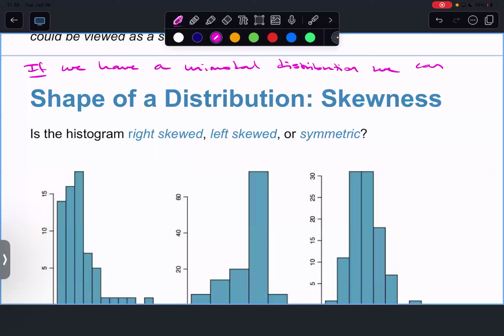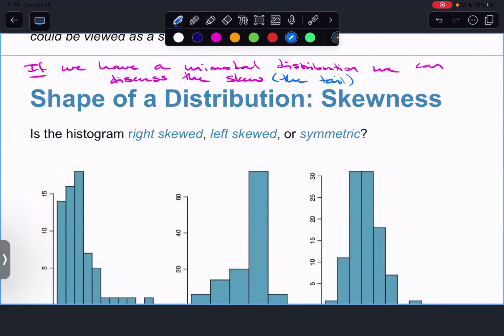If we have a unimodal distribution, we can discuss the skew. The skew is that tail that we introduced in the very beginning.